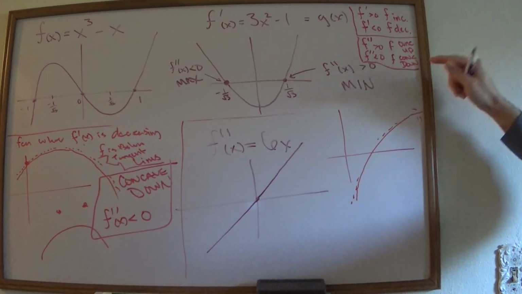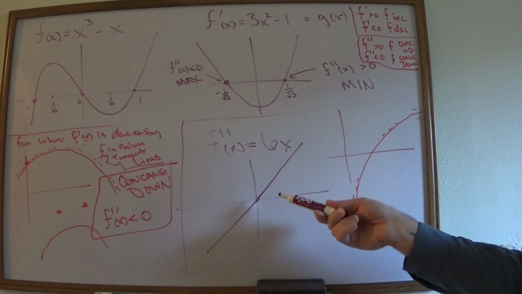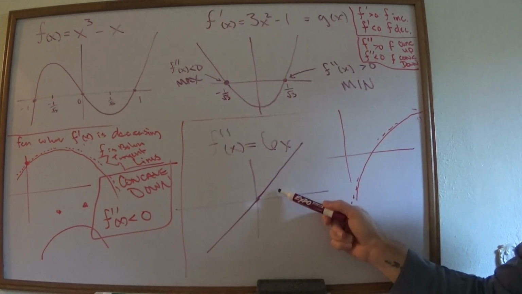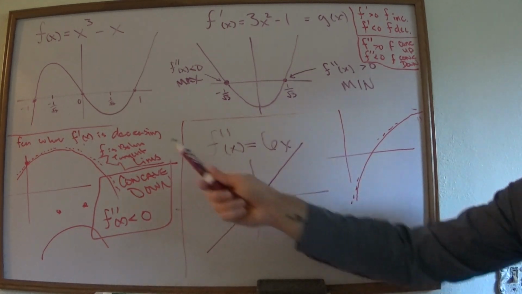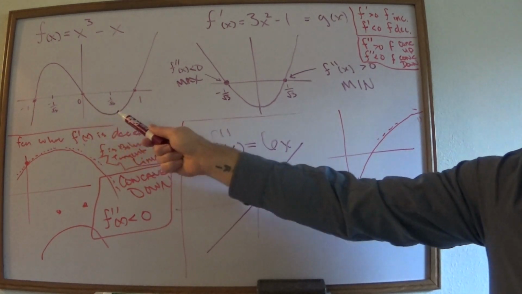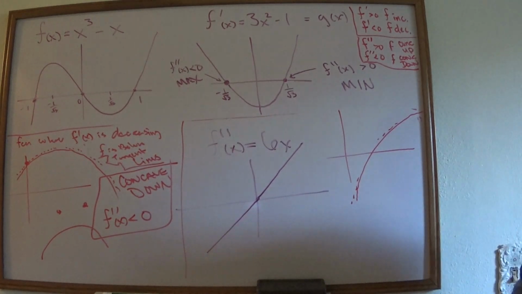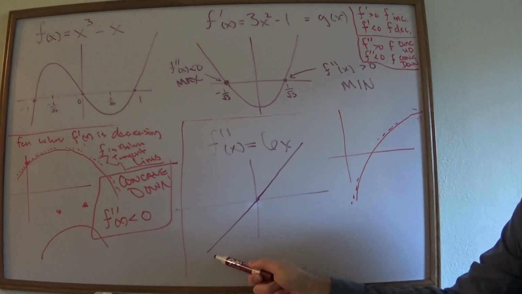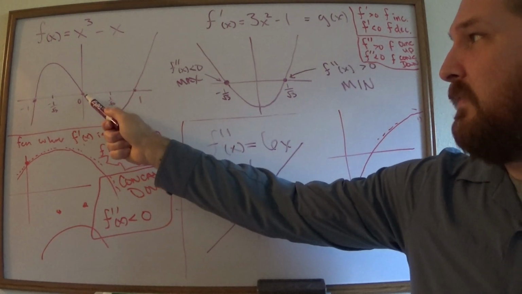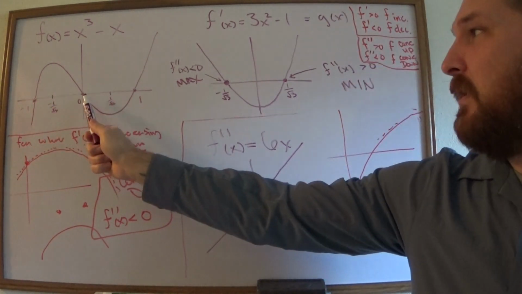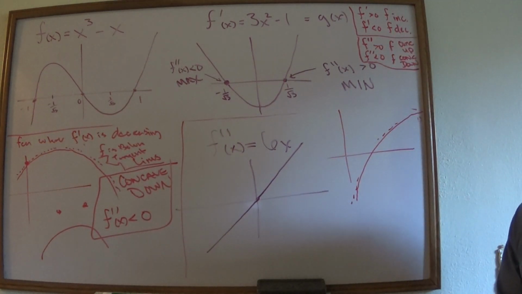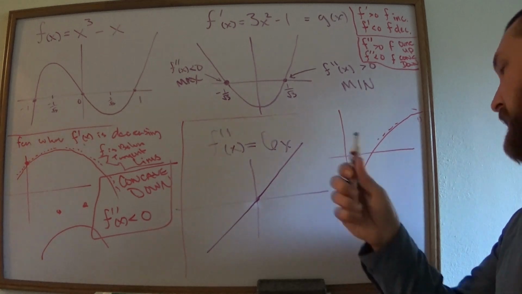Take its second derivative and find where that's positive. Look at this, the second derivative of our original function is positive, and he's concave up. He looks like a cup. The second derivative is negative down here whenever x is negative, and whenever x is less than 0, he's concave down. He looks like a frown. Okay? Everybody got it?